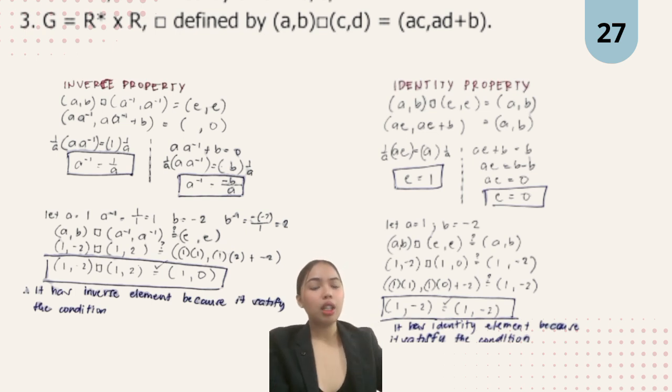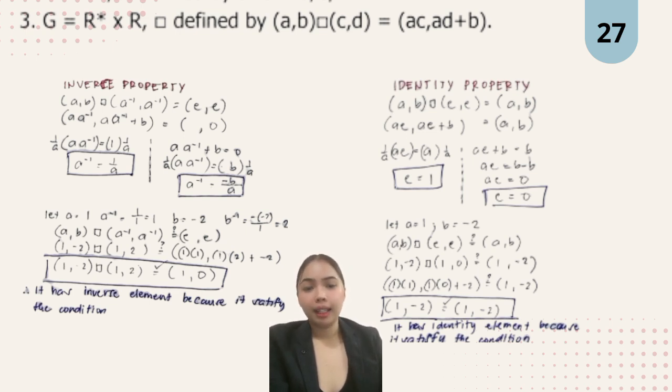So let's assume that A is equal to 1 and A inverse is equal to 1, and B is equal to negative 2 and B inverse is equal to negative 2 over 1, or let's say B inverse is equal to 2.